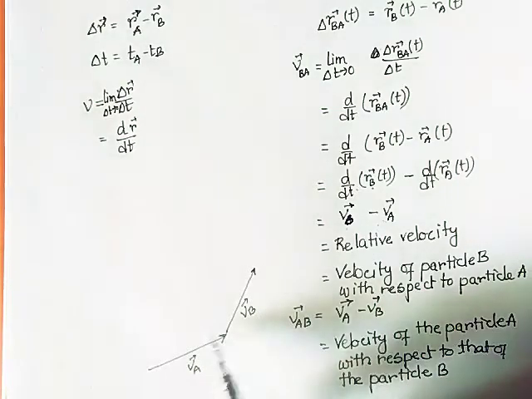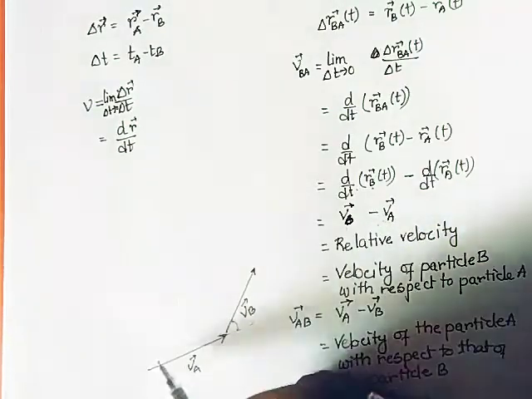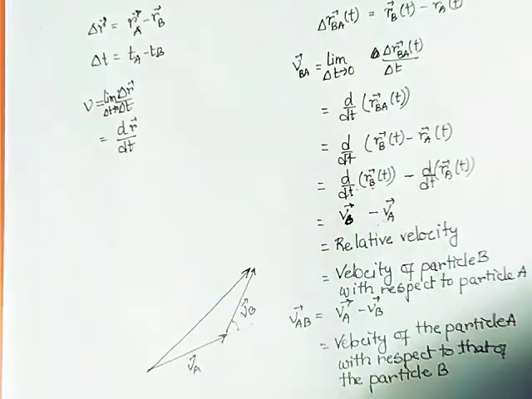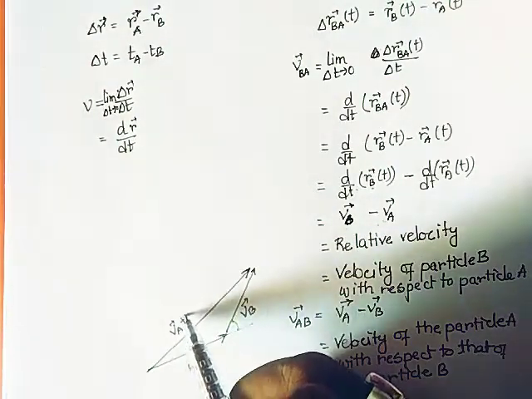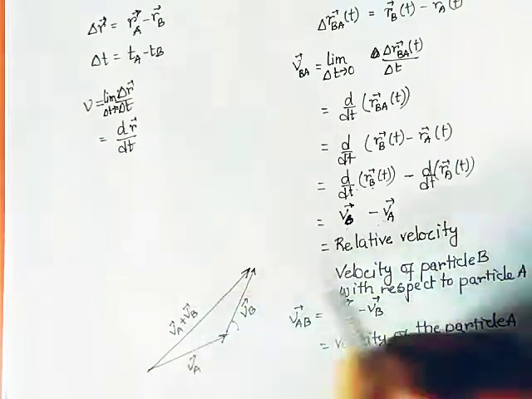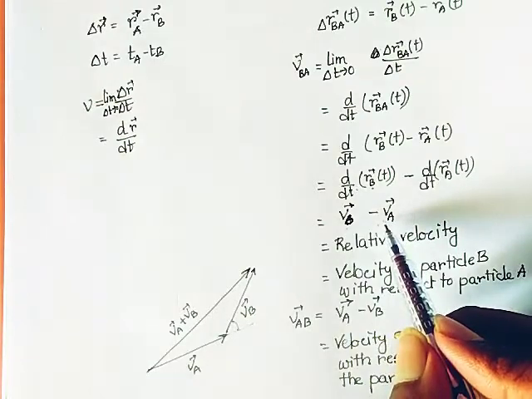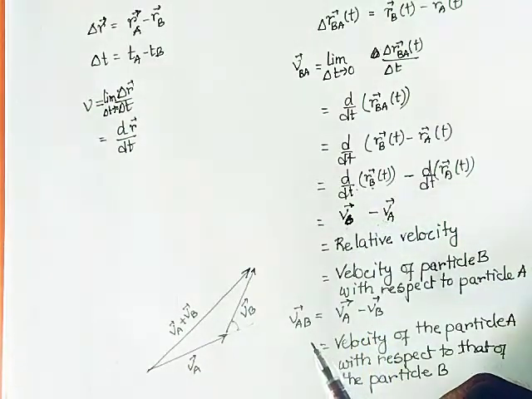If these two vectors are representing and this is the angle between these two, I cannot take it because it is VB minus VA. If I find a resultant according to triangle law of addition, that will be VA vector plus VB vector. But it is talking something else. That is VB vector minus VA vector. So I have to take the resultant of the VB vector and minus VA vector.